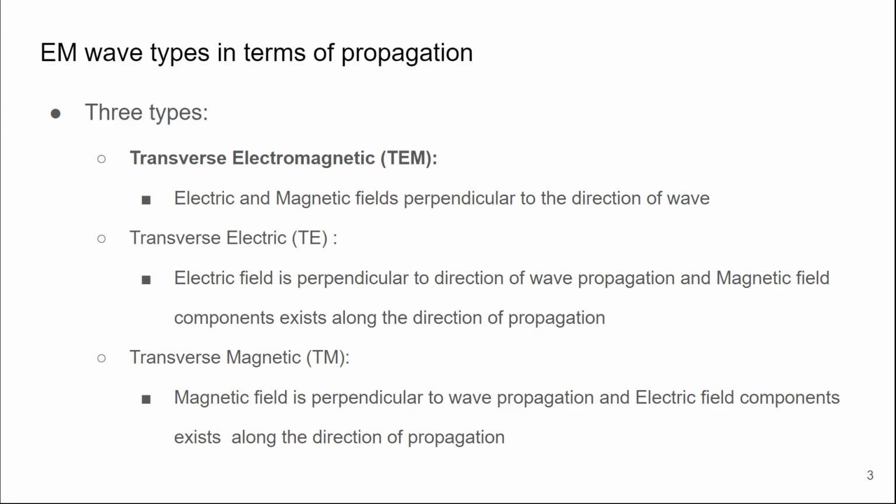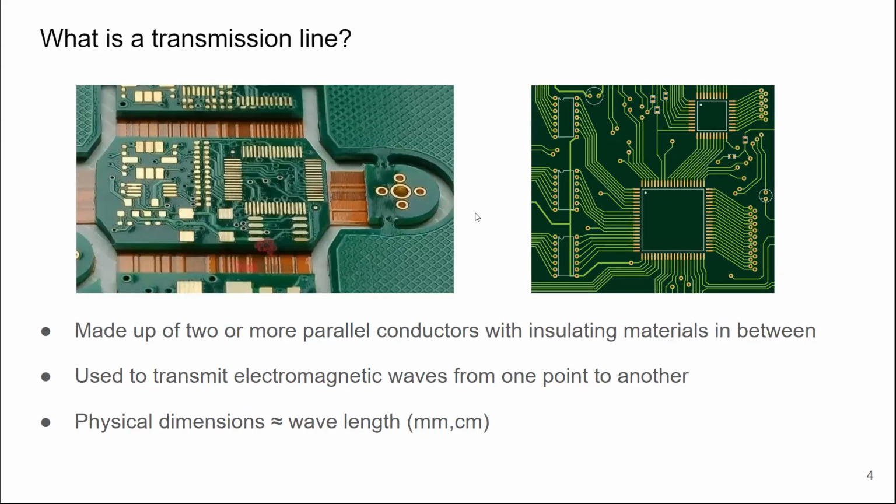These are the types of electromagnetic wave propagation that can happen in circuits. In this transmission line section, we will be focusing on the transverse electromagnetic mode of propagation.